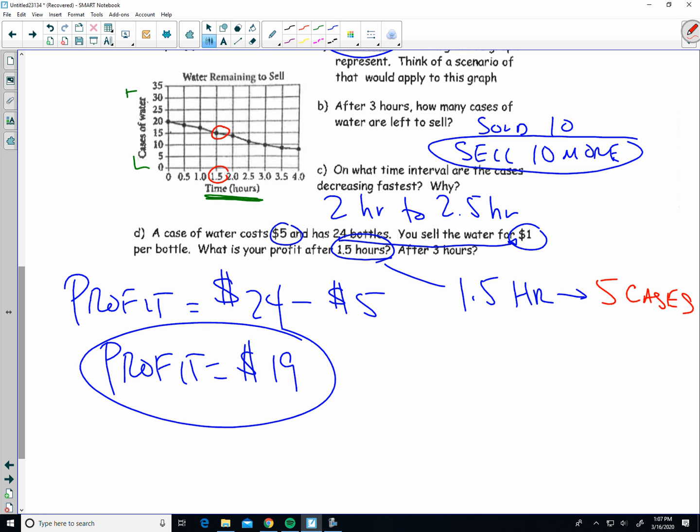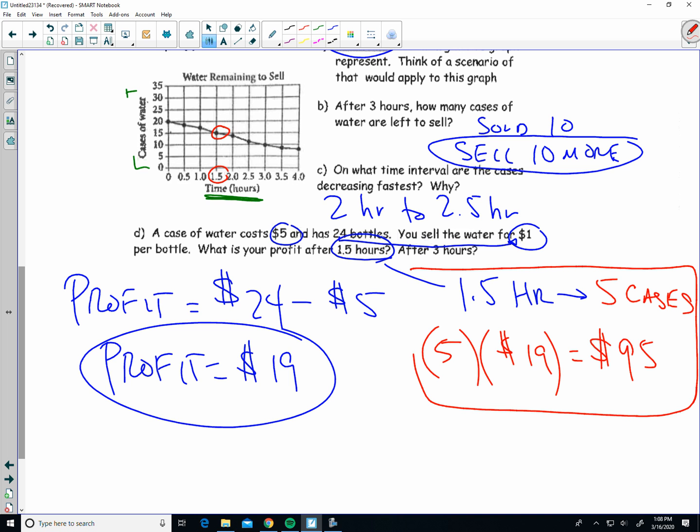We made $19 per case. If you take your 5 cases that you sold and multiply it by the $19, 5 times 19 should be a profit of $95. Again, 1.5 hours into this event, we sold 5 cases of water, making $19 per case.